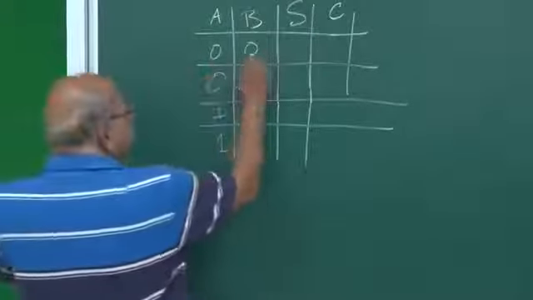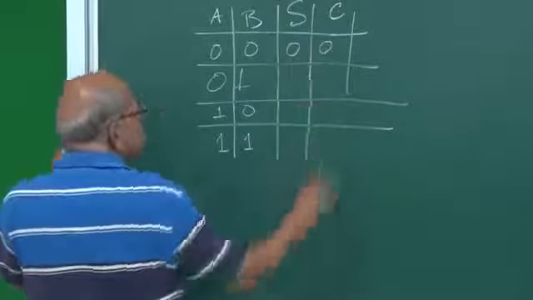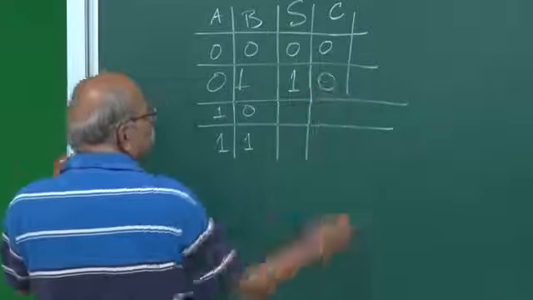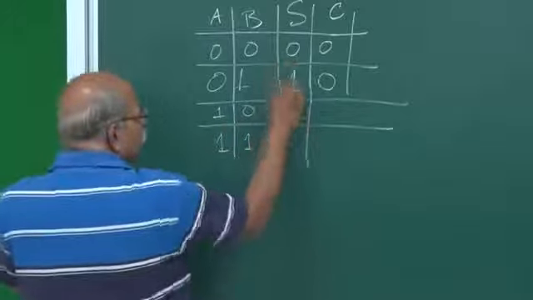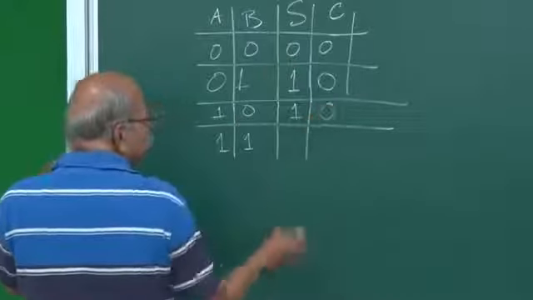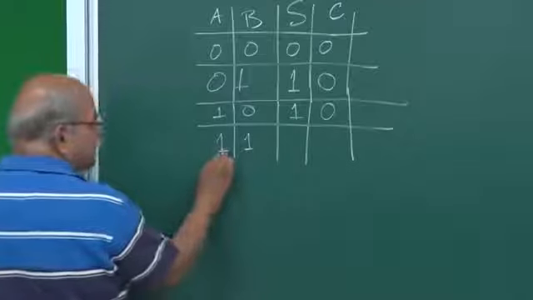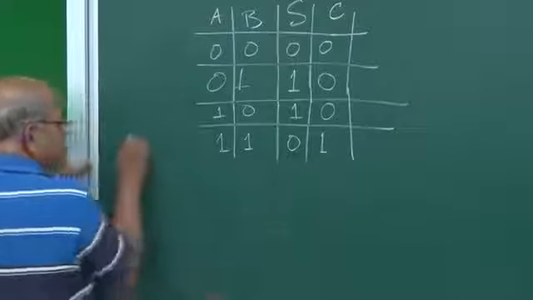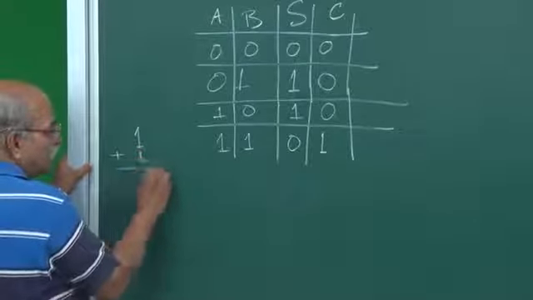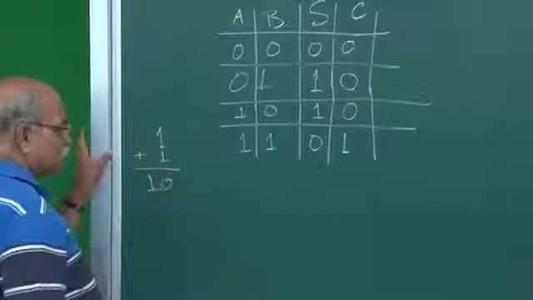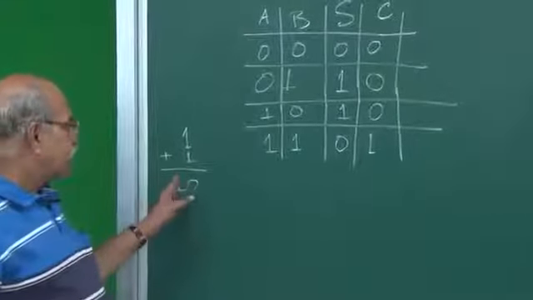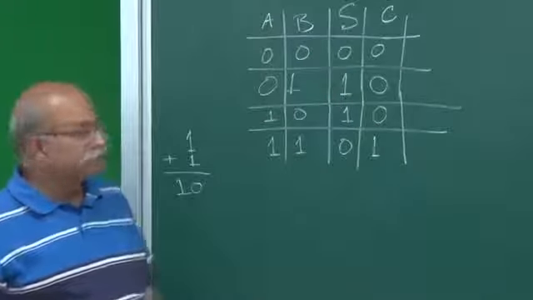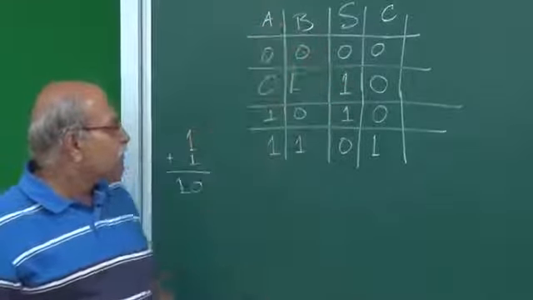So, 0 plus 0 will be 0, sum will be 0, carry will be 0. 0 plus 1, the sum will be 1, but no carry. 1 plus 0 is also, the sum is 1 and no carry, and 1 plus 1, the sum is 0 and carry is 1, because when you add 1 and 1 you get the next number which is 1 0. So, the sum is this and this is the carry, and otherwise the carry is 0. So, here this is the truth table.